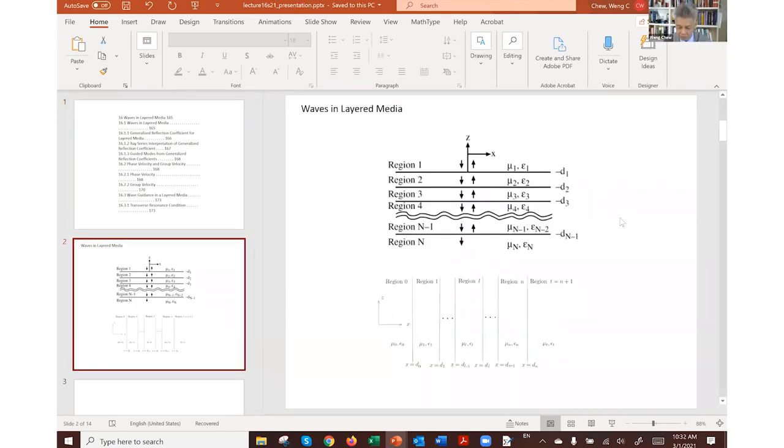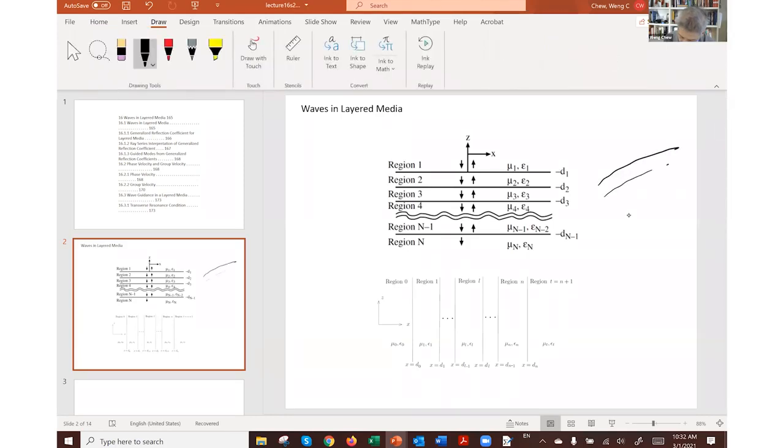So waves in layered media is actually a very important topic. It was first studied by Sommerfeld when he wanted to understand the propagation of radio waves over the good Earth. He was essentially interested in this topic: if the Earth is layered, and you have a radio station sending radio waves, he knows that above him there's an ionosphere.